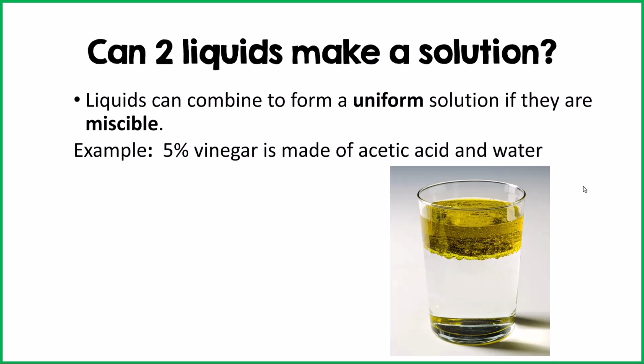If you found a bottle of vinegar on the shelf in your house, it would likely say that it's 3% or 5%, and that is 3 or 5% acetic acid, and the rest of it is water. But the acetic acid and water are not distinguishable from each other. It's a uniform solution, and so we say that those two liquids are miscible.